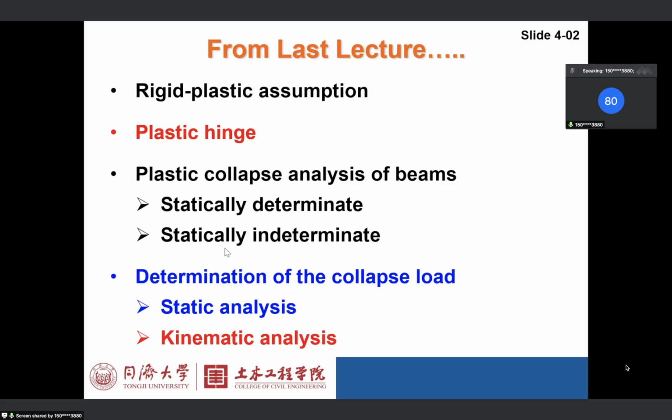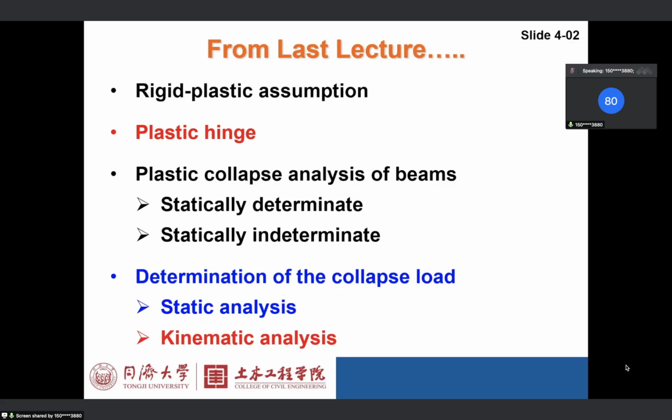Do you remember, for a statically determinate structure, if one member fails or one cross-section yields, the whole system will come into a mechanism. So they basically will collapse.